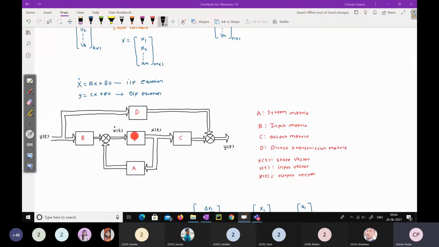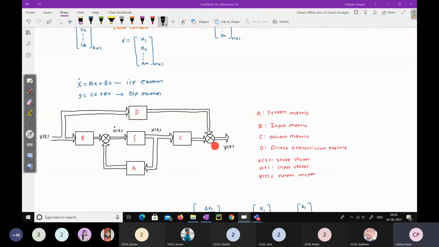The input to the integrator block is the derivative of the state vector. When you apply the derivative of the state vector to the integrator, you will get the state vector. So A is the system matrix which represents this system. B is the input matrix, for whatever input you are applying to the system.